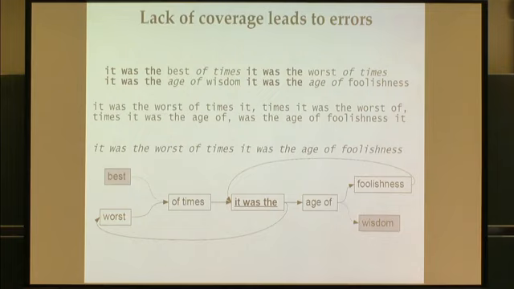So there's one correct path to this graph that kind of makes a lot of sense, and the assembler will just find it and say, well, there's no ambiguity here. Well, there is perhaps a little bit of ambiguity, but it's pretty clear that what Dickens wanted to say was worst of times it was the age of foolishness, right? And this is not what the book said, but that's essentially what the assembler will reconstruct.